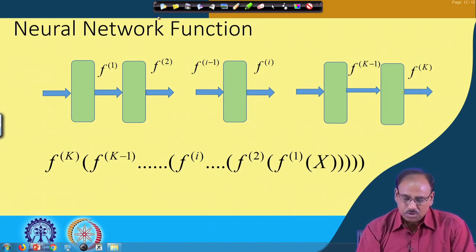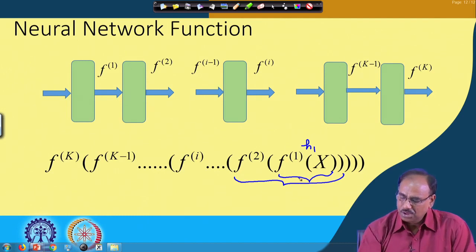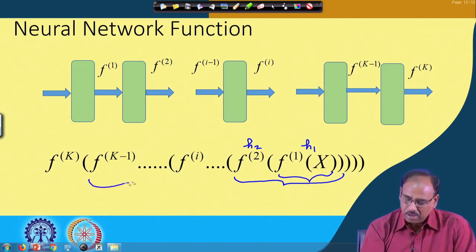So effectively, I can put all of them in a cascade of operations, something like this. At the first layer, you compute f1 of x, which gives you a set of feature vectors h1. In the second layer, you compute f2 of f1 of x, which gives you a set of feature vectors, say h2. Each of them is a nonlinear mapping.